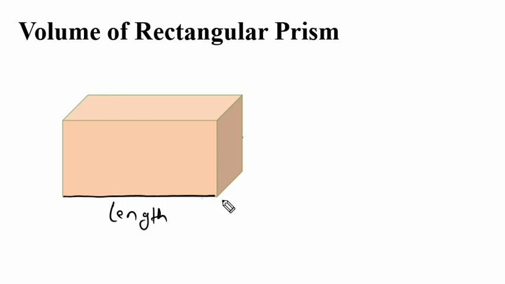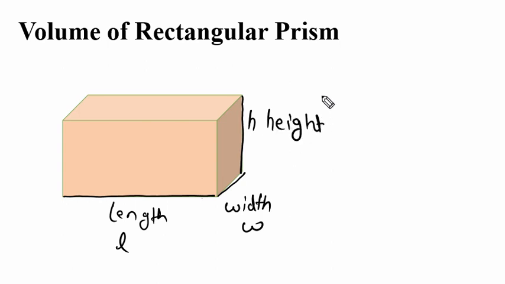Okay. Where will the width be? This is your width. W-I-D-T-H. You write W. L for length. This is L. And H for height. Now there is a formula for this.